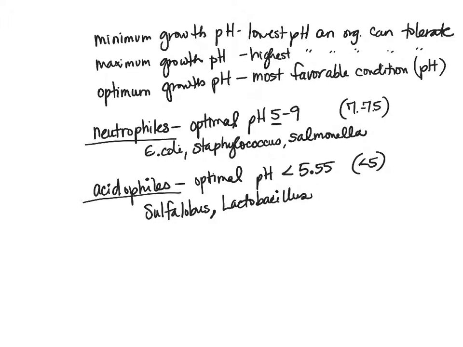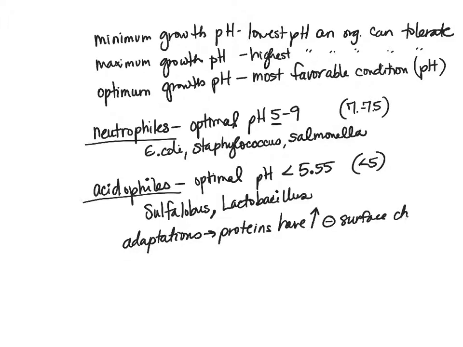They have developed adaptations over time. And so some of the adaptations, for example, their proteins are different from the proteins of neutrophiles. Their proteins have an increased number of negative surface charges. And that stabilizes them at that lower pH.